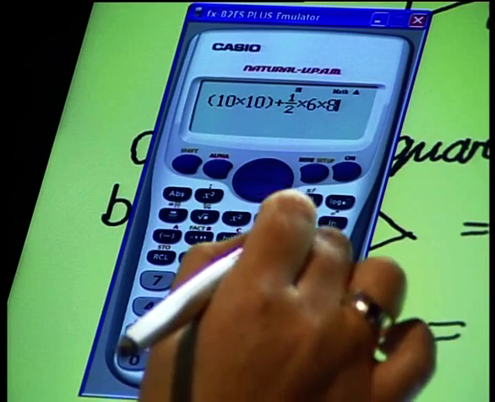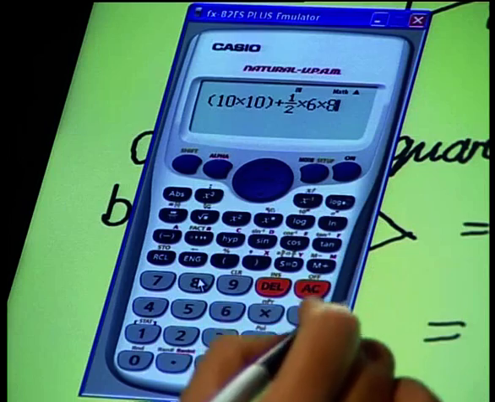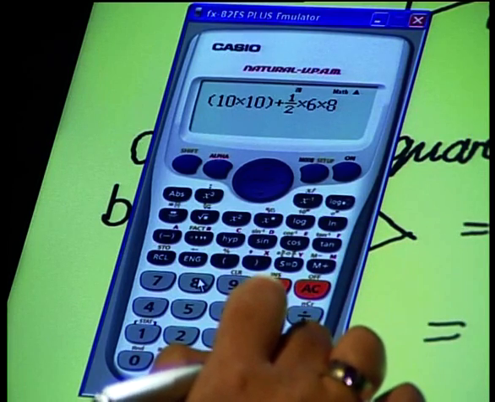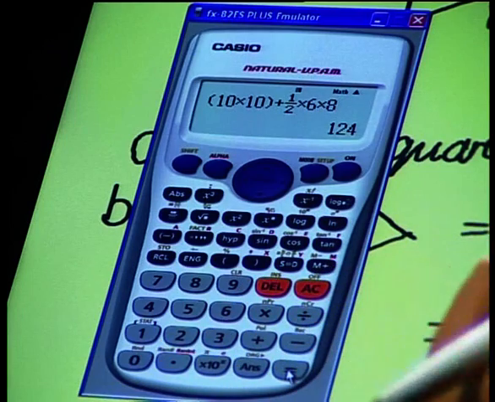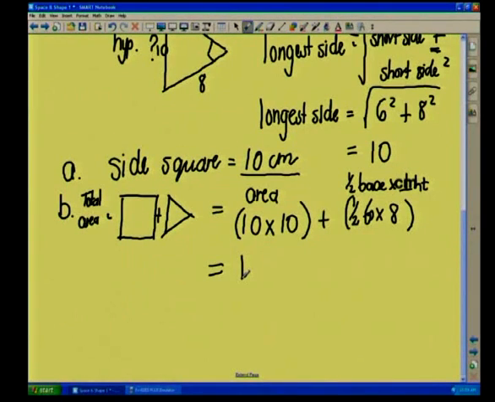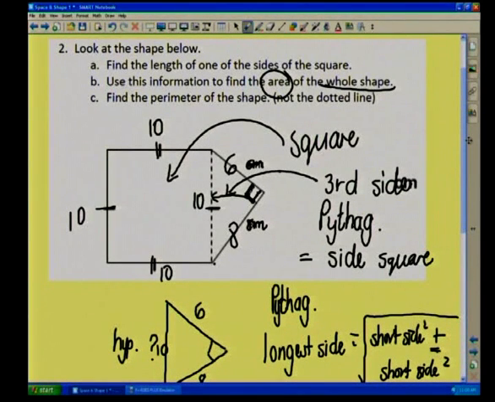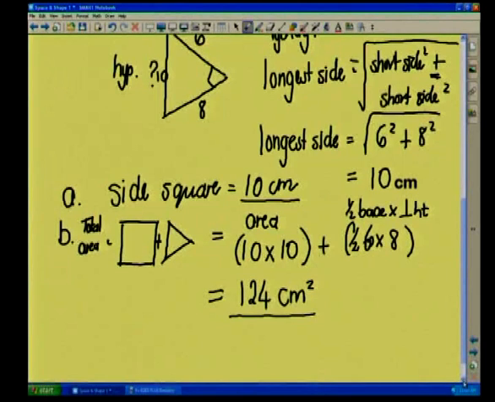And we should put brackets in there, but because of BODMAS we can get away with not putting brackets in there. So my answer will be 124 centimeters squared. Just check that your units are correct. We are working with centimeters, so therefore my answer should be in centimeters squared. That's the final answer for our area.